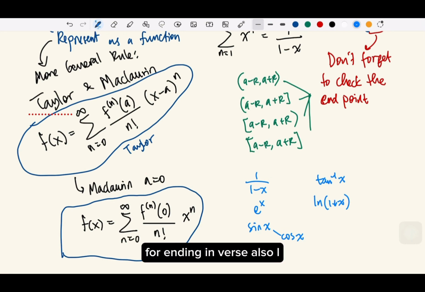For the tangent inverse and also ln, you can think of this too. If you feel that using Taylor-Maclaurin is too long to produce, you can think of this too from the 1 over 1 minus x. You can think we can differentiate or integrate, okay?